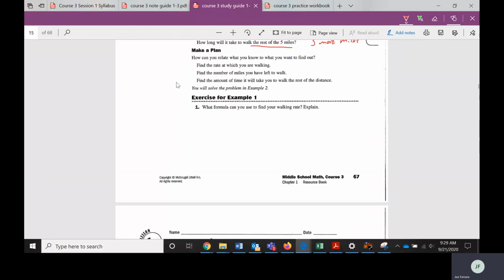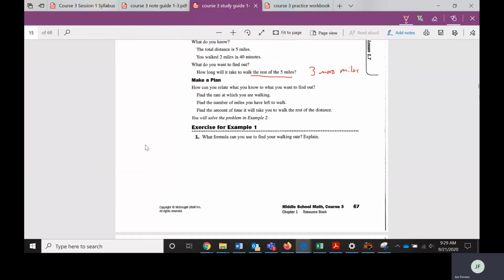One, we can do just like I just did in the note-taking guide, use a proportion. Okay, we went 2 miles in 40 minutes. I think this will be the easiest way to solve this one. We need to know, we have 3 miles to go. It's 5 miles total, so there's 3 miles left. We don't know how long that's going to take. So we cross multiply and divide.